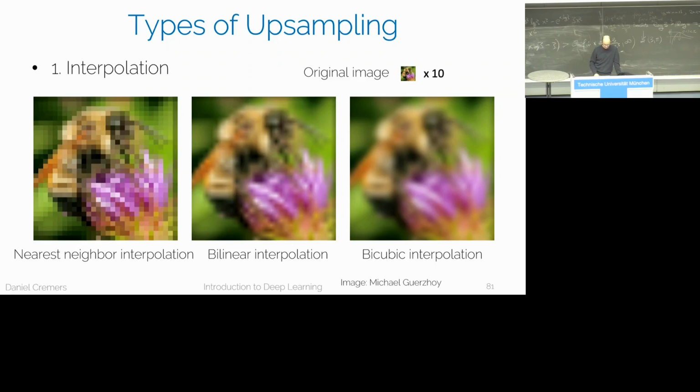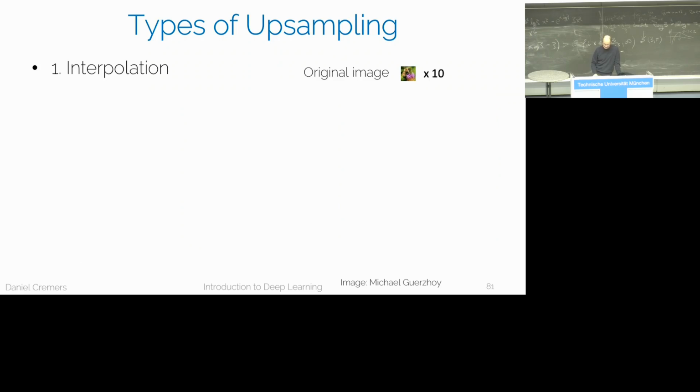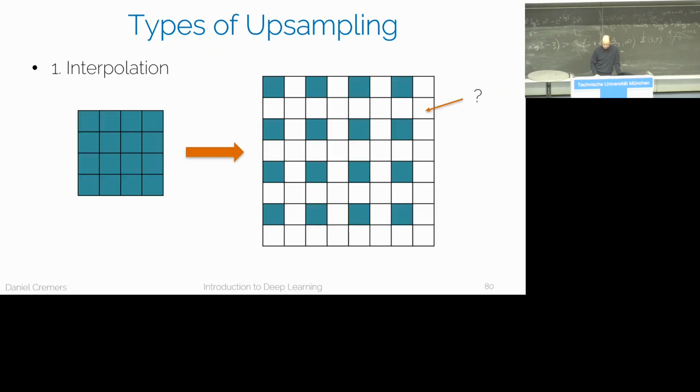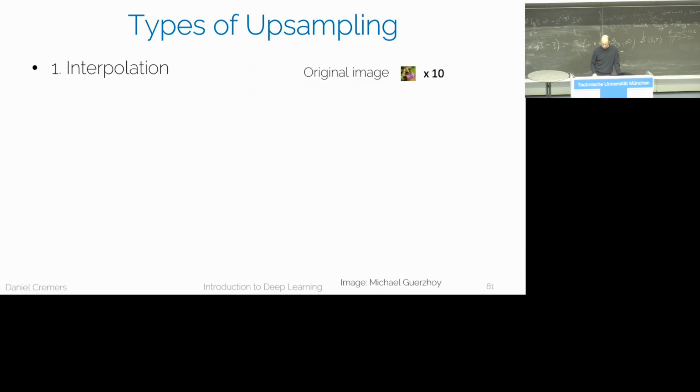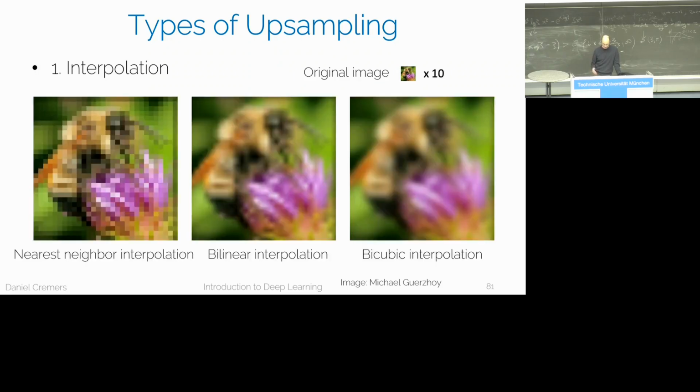Standard procedure. The simplest upsampling or interpolation technique is called nearest neighbor interpolation. It basically means on this grid, we just go to each point and take the color of the nearest neighbor. So let's say these points may take color from this blue one here. Whatever is the nearest pixel, you take that color, you fill it in, and then you get these typical blocking artifacts. You see the pixels of the original input image.